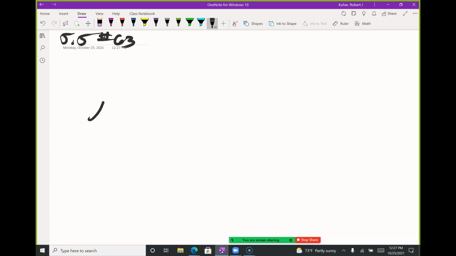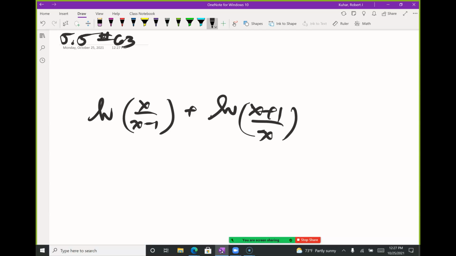So I've got the ln of x over x minus 1 plus the ln of x plus 1 over x minus the ln of x squared minus 1. Well, I see that I'm adding 2 logs here, so I can use that one property where I'm multiplying the arguments, right?